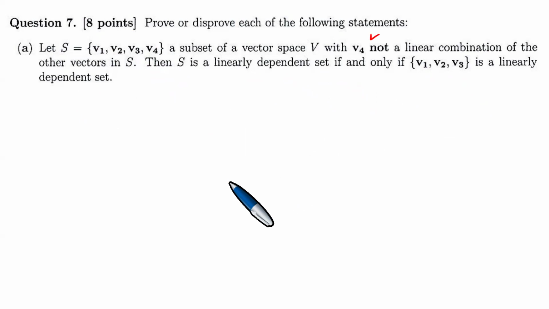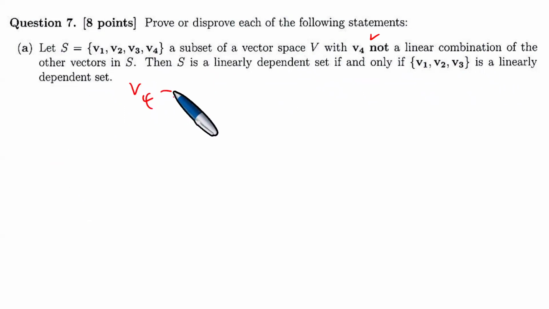But also we need to take note of the fact that we have these four vectors, which form a subset of a vector space, with V4 not a linear combination of the other vectors in S. I want to look at a special case here.